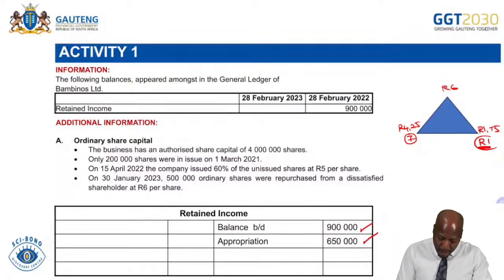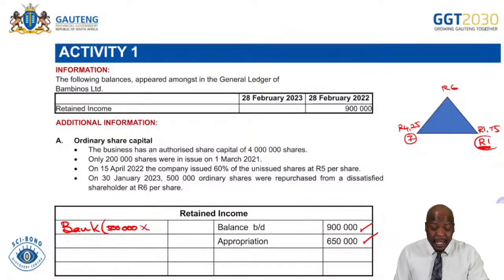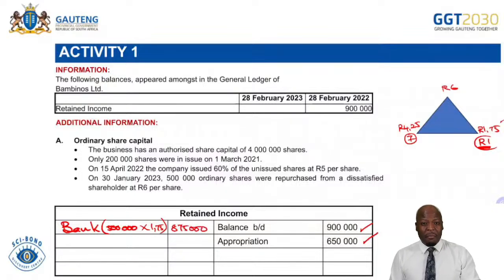Here is my bank: 500,000 multiplied by the 1.75 gives you 875,000. Now we can quickly close this ledger account.